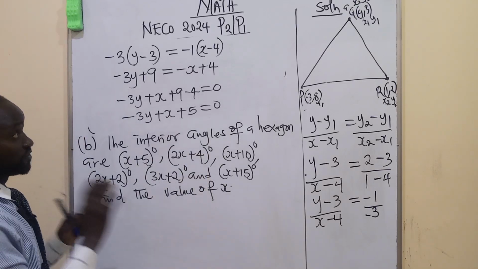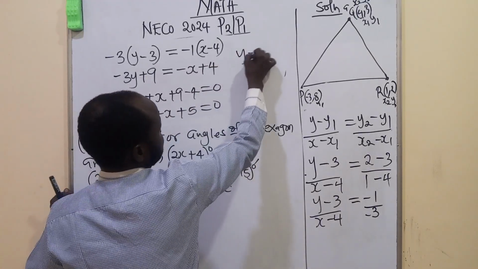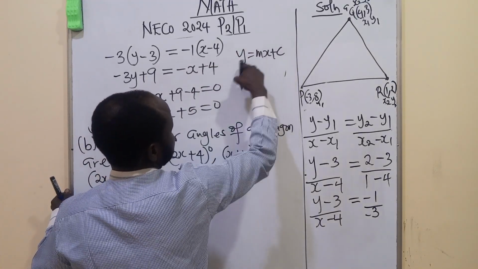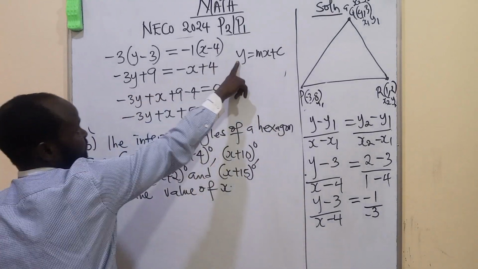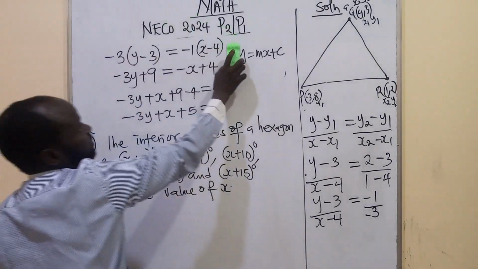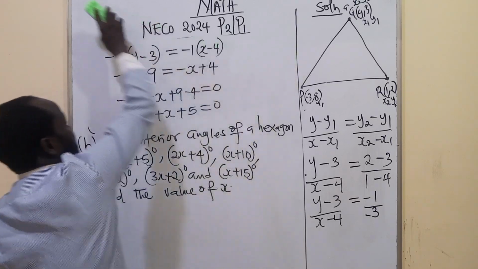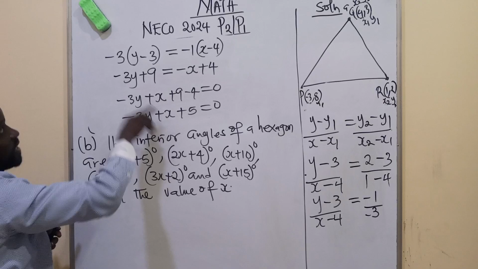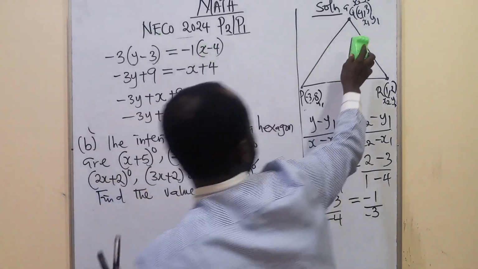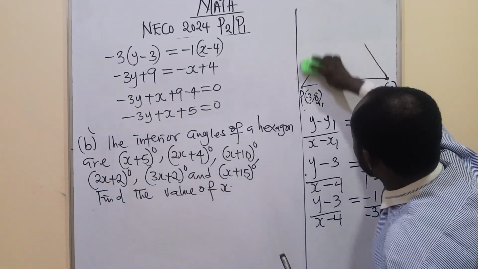Based on the equation of a straight line, which is y equals mx plus c, our y must have a positive coefficient. The coefficient must be positive rather. So it means to remove this negative, we have to multiply through by minus 1. Permit me to clean here to do that.